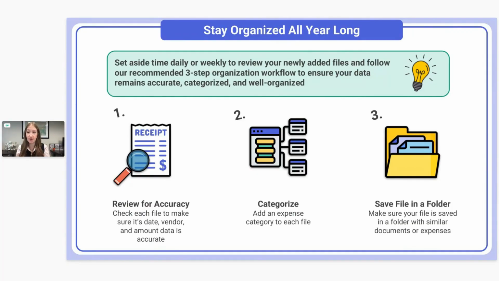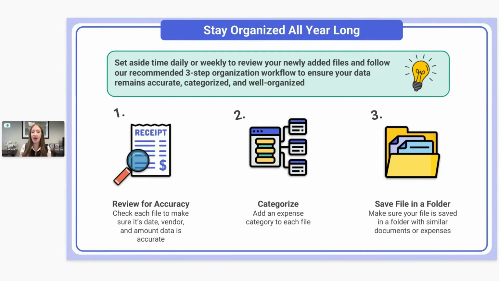Once you know all the data is accurate, then you also want to make sure that each one of your file's category fields is filled in with the category that best represents the type of file or expense it is. And each individual user can categorize their expenses in their own unique way for their own unique needs. Now, Neat also helps you out with this step through our smart categorization feature.